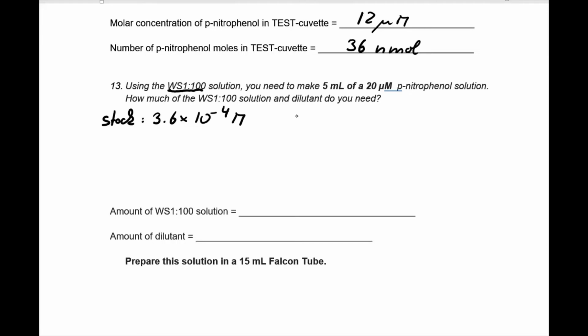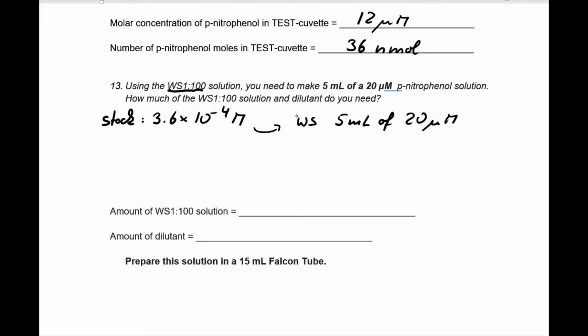And we want to make a working solution which contains 5 milliliter of this 20 micromolar solution. And we want to figure out how much of this stock solution we actually need to transfer.